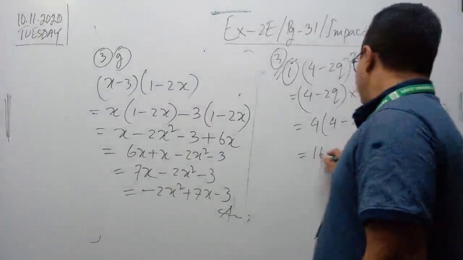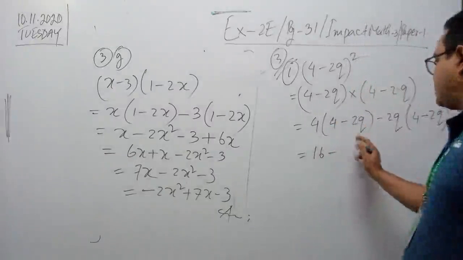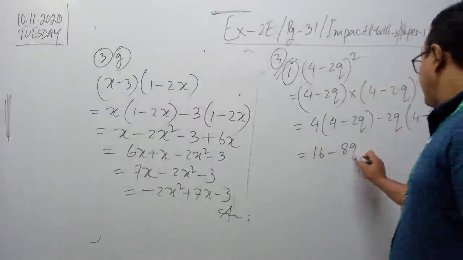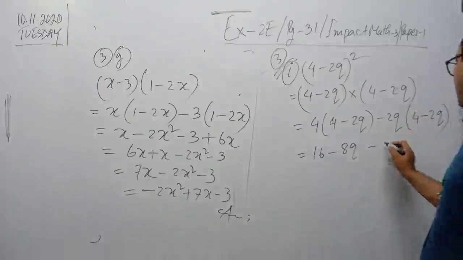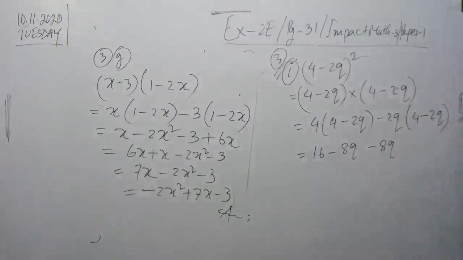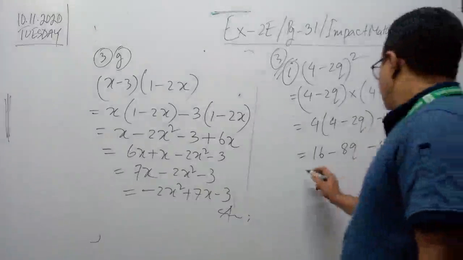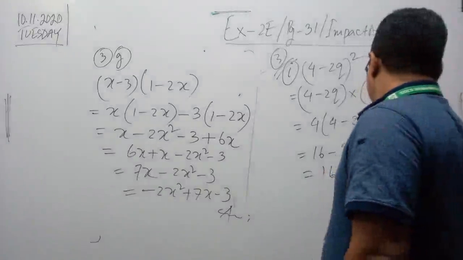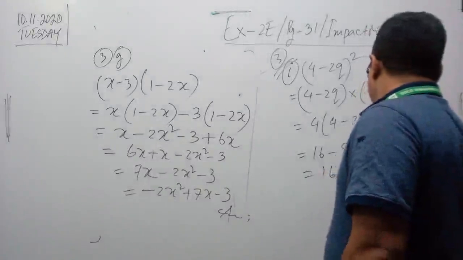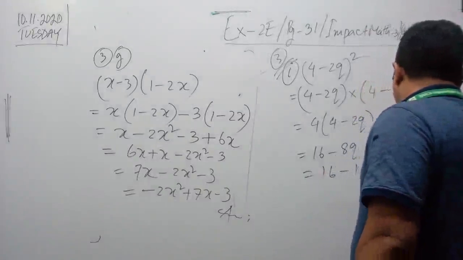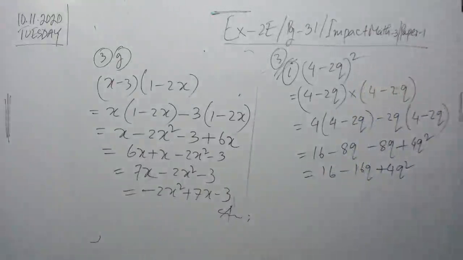So 4 into 4, 16, minus 4 into minus 2q, 8q, minus 2q into 4, 8q, minus minus plus, it is 4q square. 2q into 2q, 2 into 2, 4, q into q, q square. Now 16 minus 16q plus 4q square. That is the result.